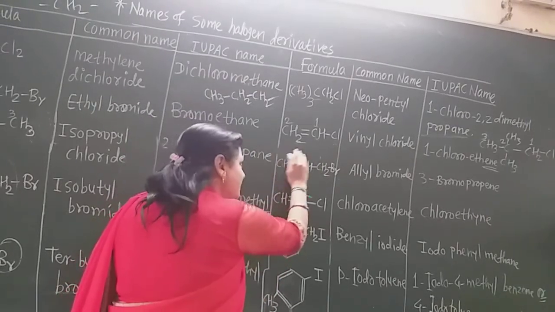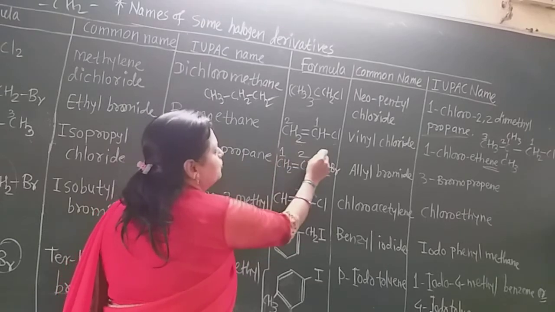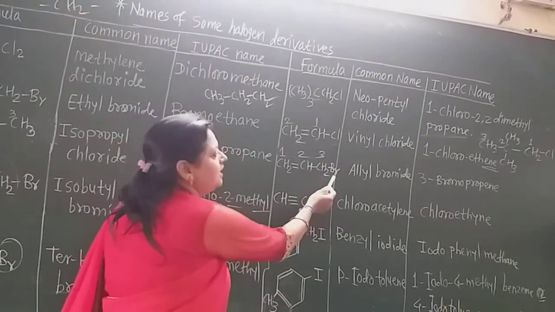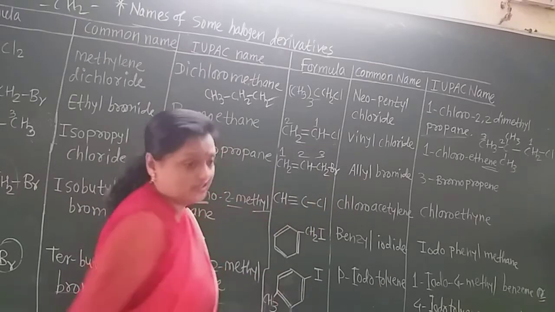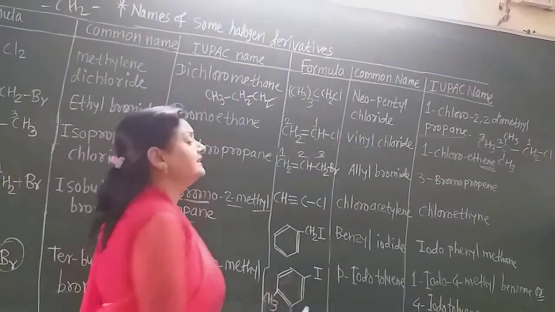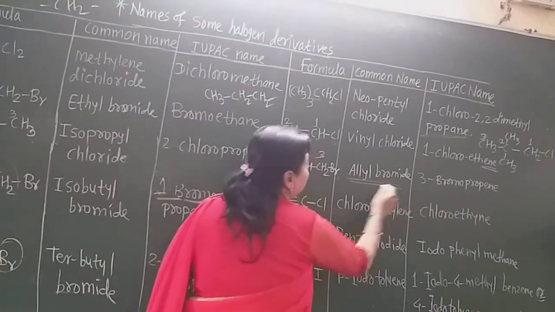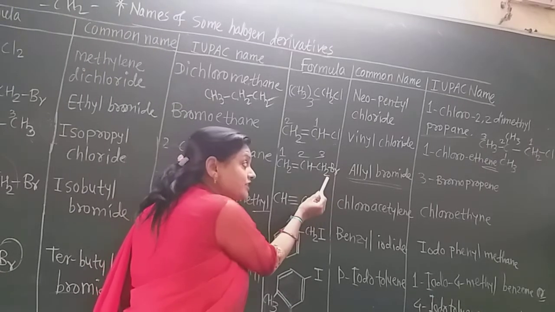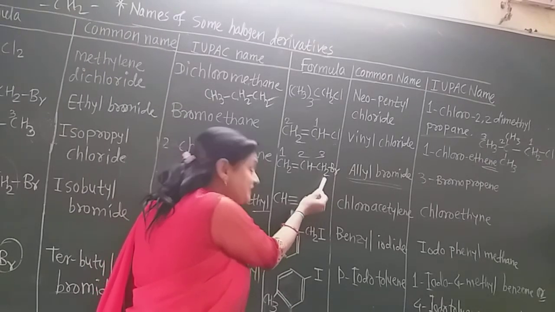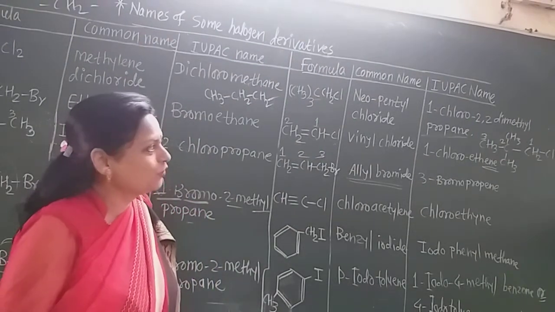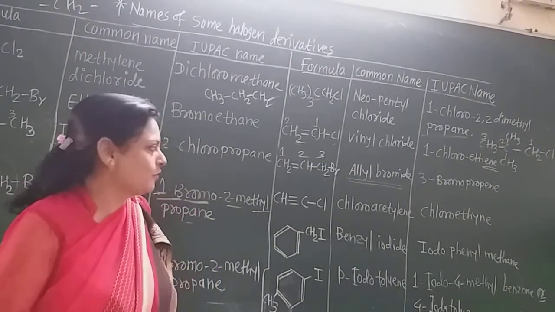So we must use the numbering from this side: 1, 2, 3, and on the third carbon there is bromine. So it is 3-bromopropene. ENE is there as there is the double bond. But we know that it is the allyl halide. Why allyl halide? Because the halogen is attached to the sp3 carbon, which is next attached to the carbon-carbon double bond. That is the allyl bromide. In the last lecture I told you about that.